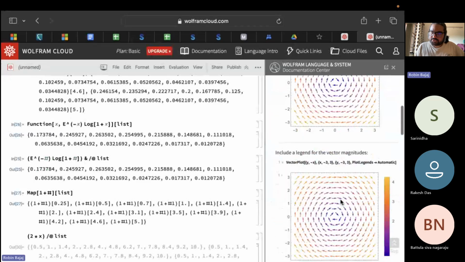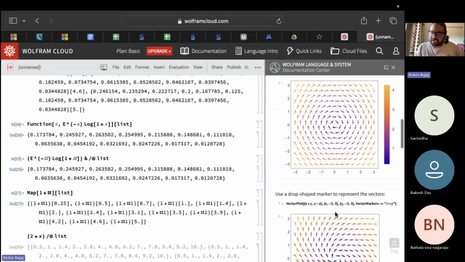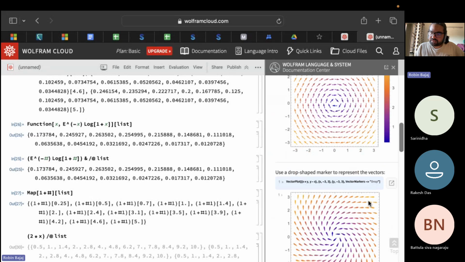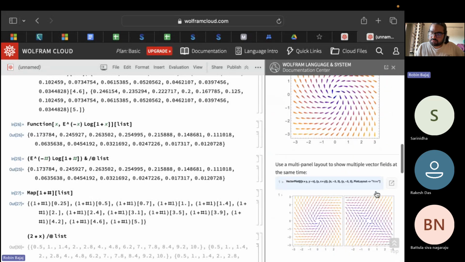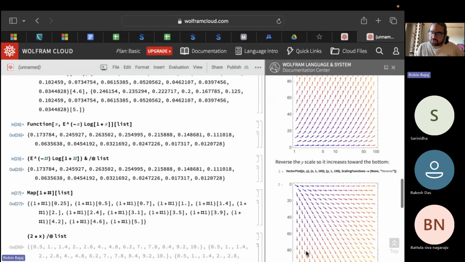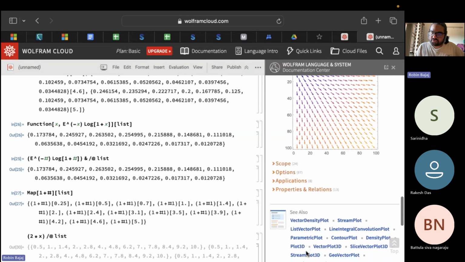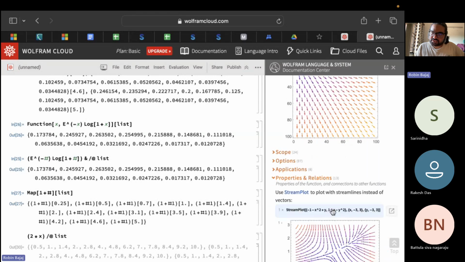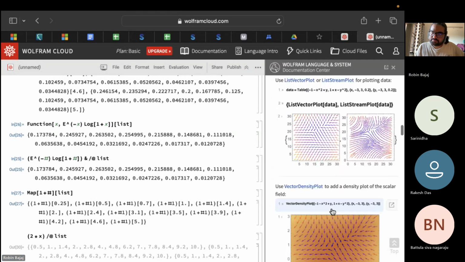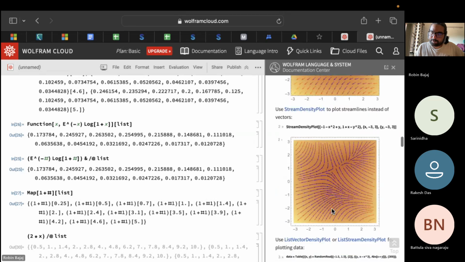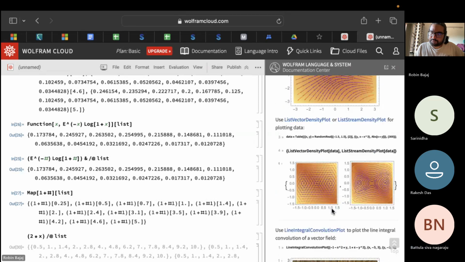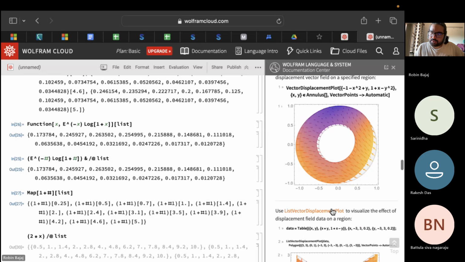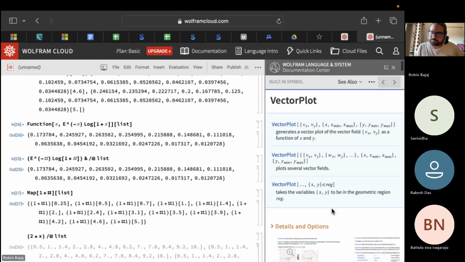So, right, plot legends, fine, I don't care. Vector markers, no. Plot layout, no. All, none. Scaling functions, what all other properties it has.